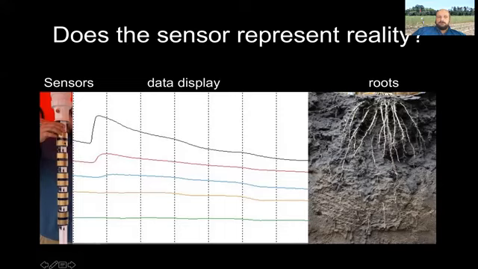Each one of these sensors is a line on the graph that the data is creating. So the data from this 4-inch sensor is graphed on this black line at 4 inches on our data display. Same thing with this red line at 8, the blue at 12, the yellow at 16, and the green line at 20. And so that's how it's installed in the soil, and that's how you see it on the data display with this particular vendor.